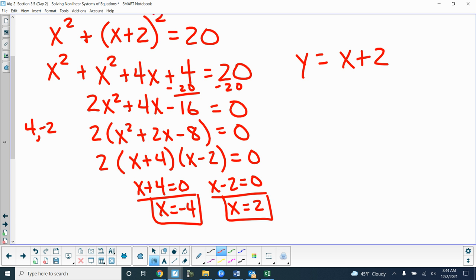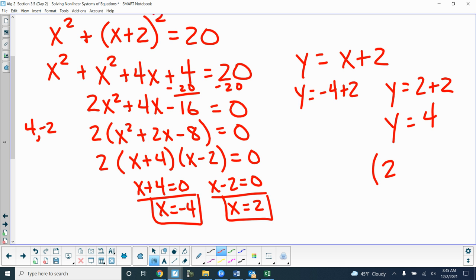I'm going to do y equals negative 4 plus 2, and y equals 2 plus 2. So one of my answers, when x is 2, y is 4. And my other answer, when x is negative 4, y is negative 2.